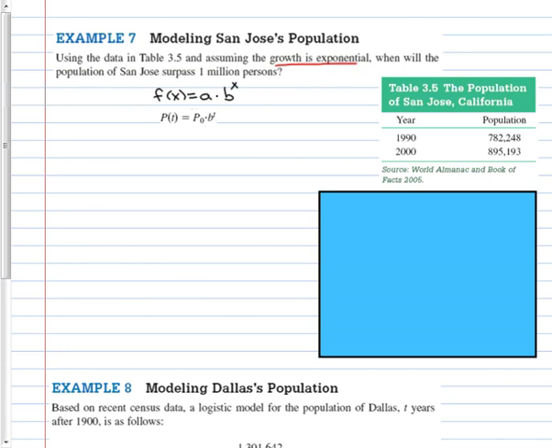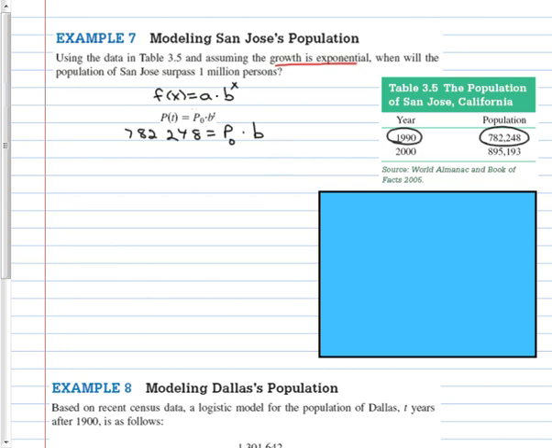Well, if we look over here, I have a 1990 population of this amount. So let me just fill in this equation. I have 782,248 people. I don't know what the original population of San Jose was. I don't know when it started. Some base. Oh, just a minute.